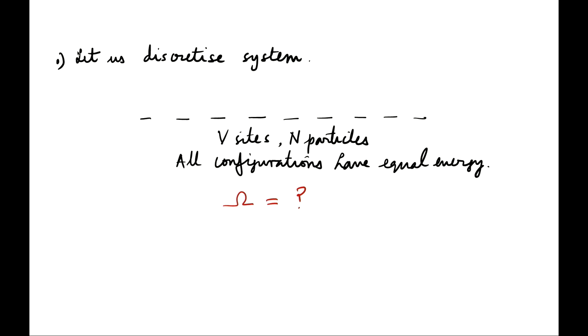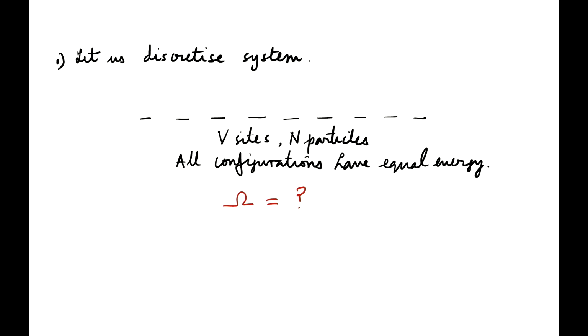Omega is the number of microstates. What is the number of microstates for this problem? I have V sites and N particles. They have no interaction, meaning no particle sees any other.